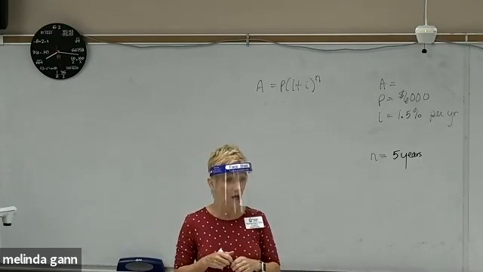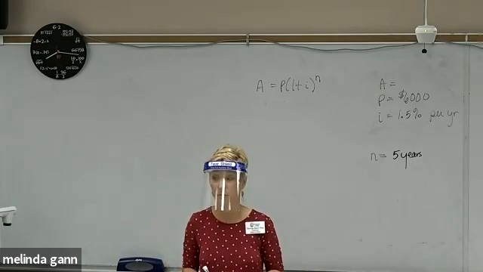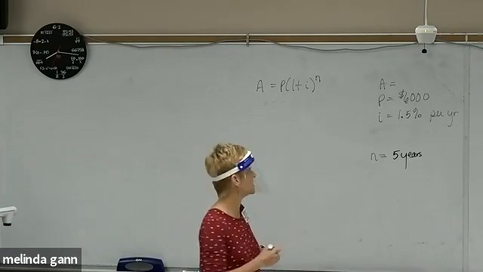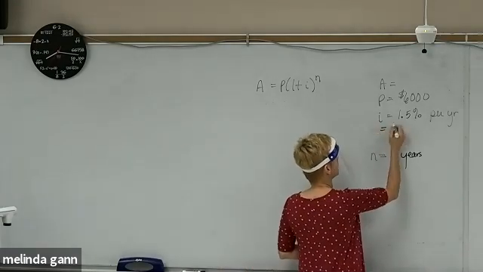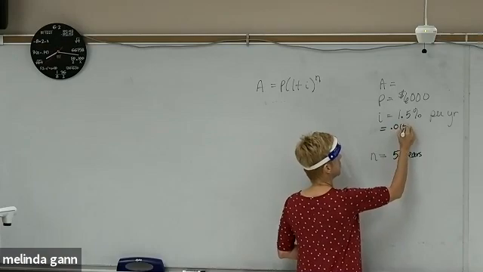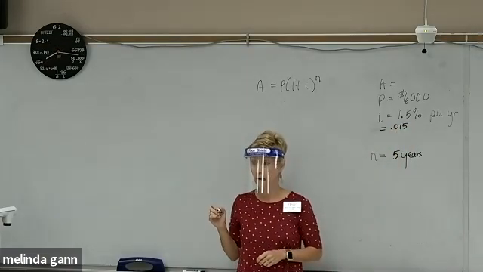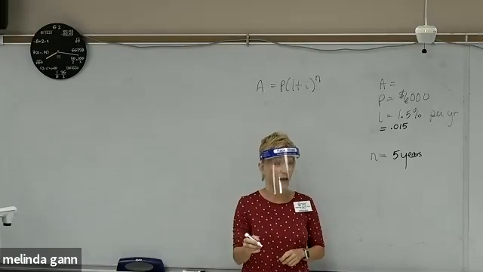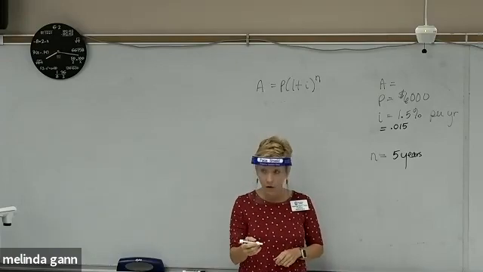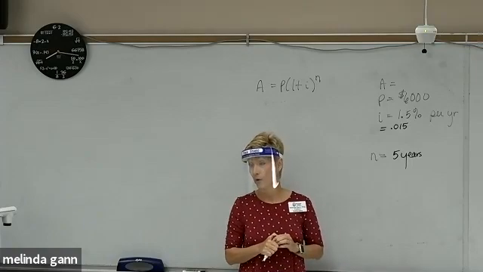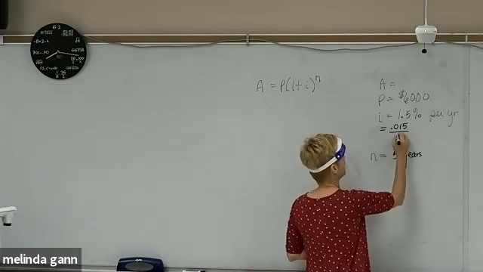When you divide by 100, how many places does it move the decimal? Twice. Which way? To the left. So does everybody understand that that's going to be 0.015, first of all, when I drop the percent sign? But I've got to have it not per year. I've got to have it per what? Quarter. So how many times a year is per quarter? 4. So I've got to divide that by 4.